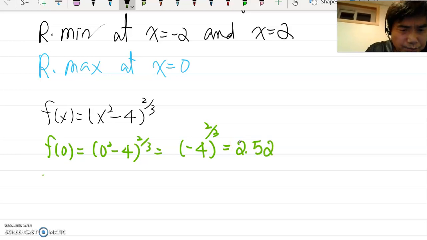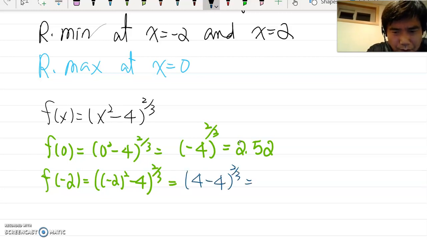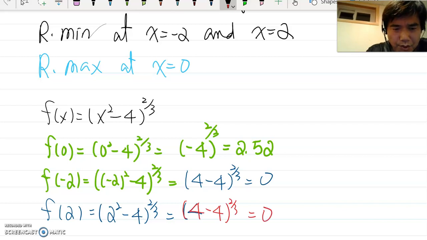Okay, now f(negative 2), then (negative 2 squared minus 4) to the 2/3, which means 4 minus 4 to the 2/3 power, so it becomes 0. And then f(2), so (2 squared minus 4) to the 2/3 power, so 4 minus 4 to the 2/3 is also 0.